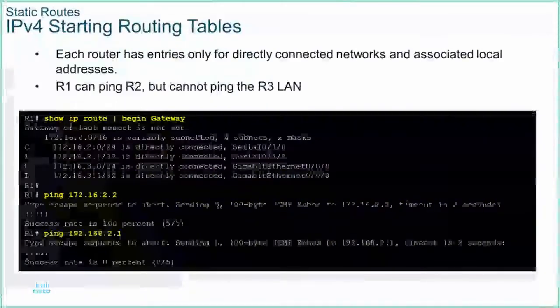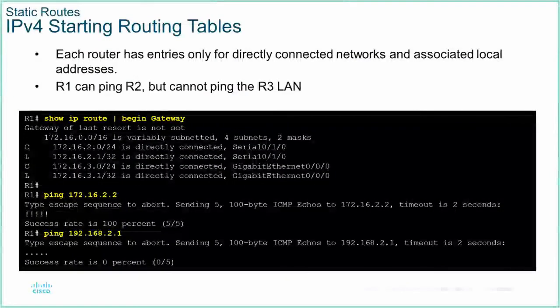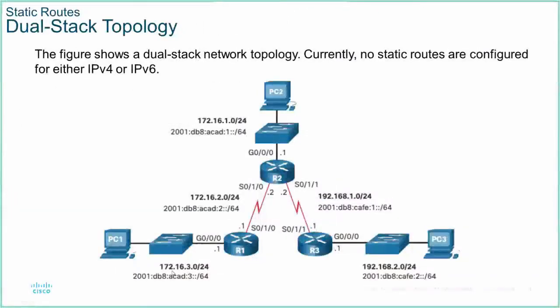So looking at router 1, we would have a directly connected network, which is the local area network. So let's step back again. So this one down here, this is what we're looking at. So we're looking at PC1's network connected to R1 and the serial connecting to R2.